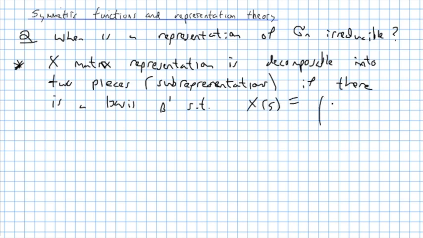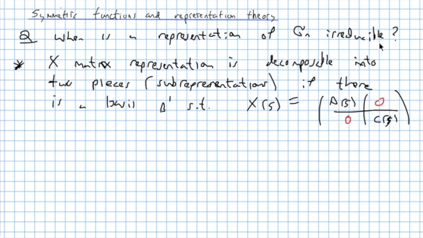So a bit better. So now we want A(g), we want to have 0 here, and C(g). So now I want to have this block diagonal form. I want this 0 block here, and I want this 0 block here.